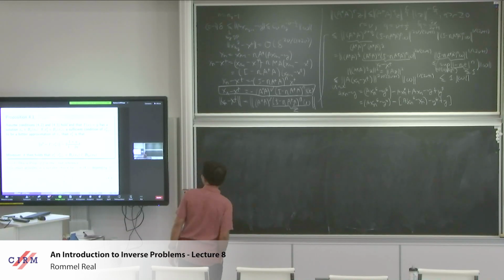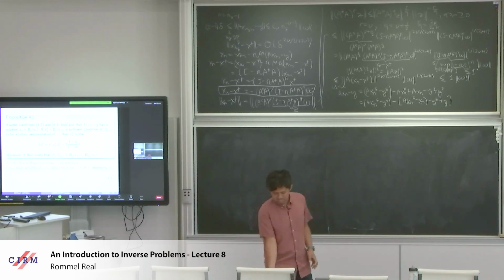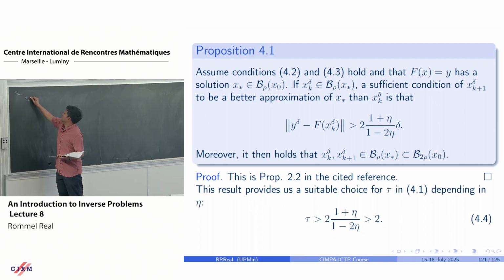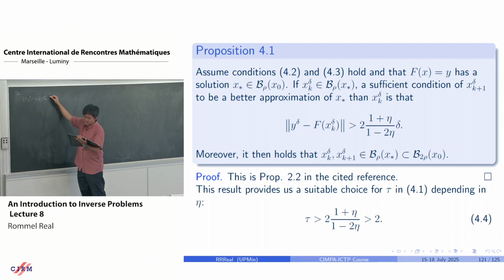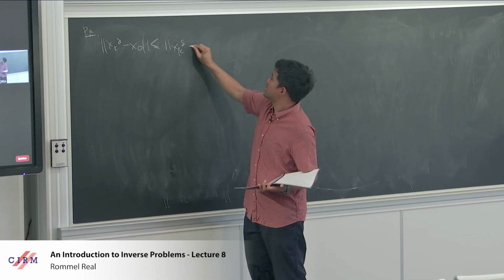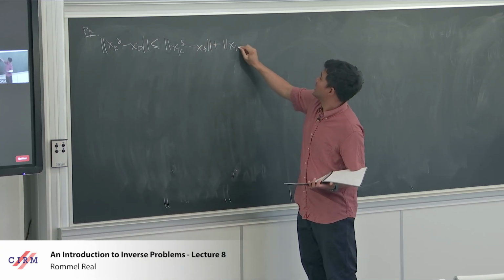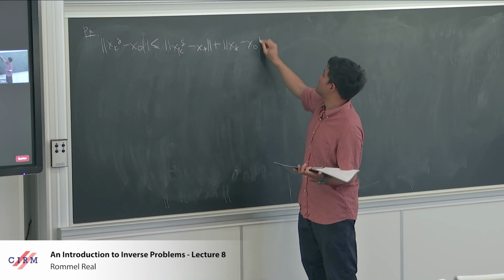So now let's prove that one. The proof is like this. So I'll just write everything here. Okay, note by triangle inequality, we can actually show that xk delta minus x0 is bounded above by this one minus x star plus x star minus x0.